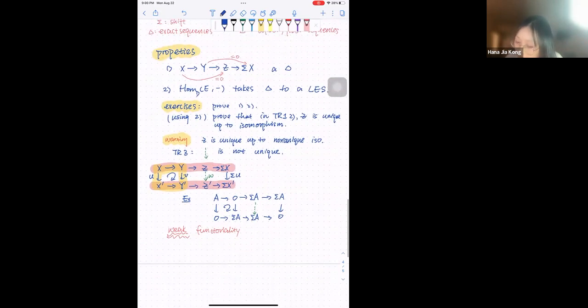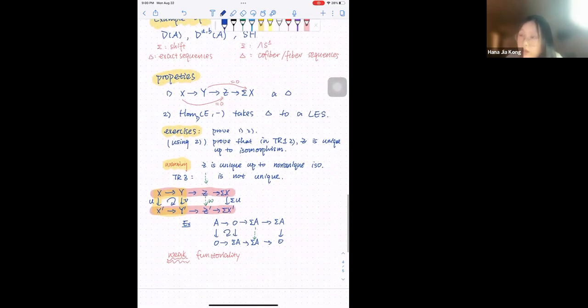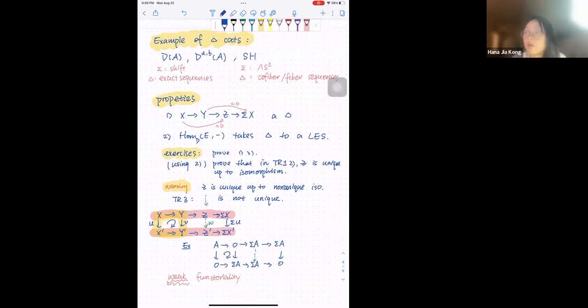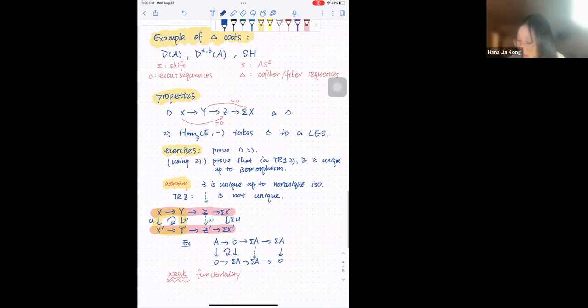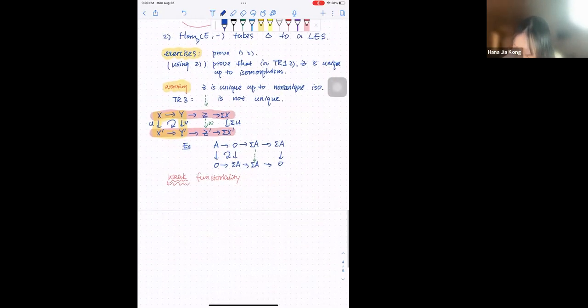It was mentioned yesterday that if you look at a stable infinity category, then you can take its homotopy category, and its homotopy category is a triangulated category. And this weak functoriality is sort of fixed in the stable infinity categorical setting.